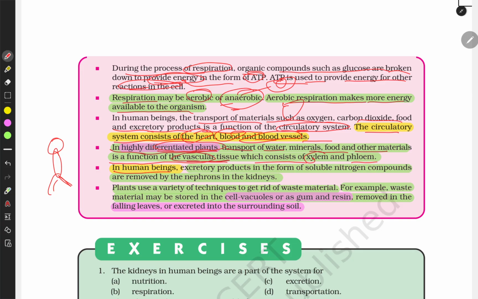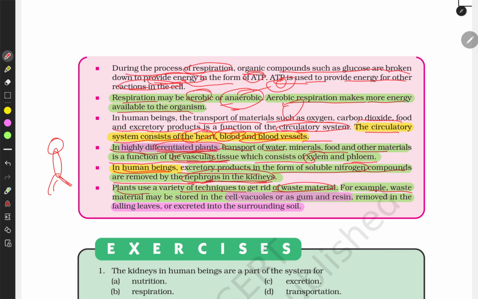In human beings, excretory products in the form of soluble nitrogen compounds are removed by the nephron. The nephron is a unit of the kidney. Plants use a variety of techniques to get rid of waste.